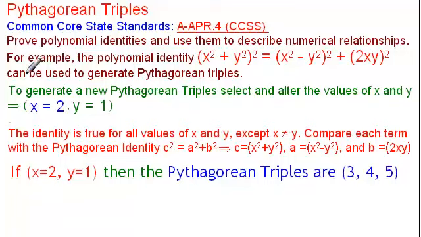So if I plug in here, this part is going to be, as discussed here, C. So the hypotenuse is going to be x squared plus y squared, which is 2 squared plus 1 squared, and that gives me 4 plus 1, which is 5.